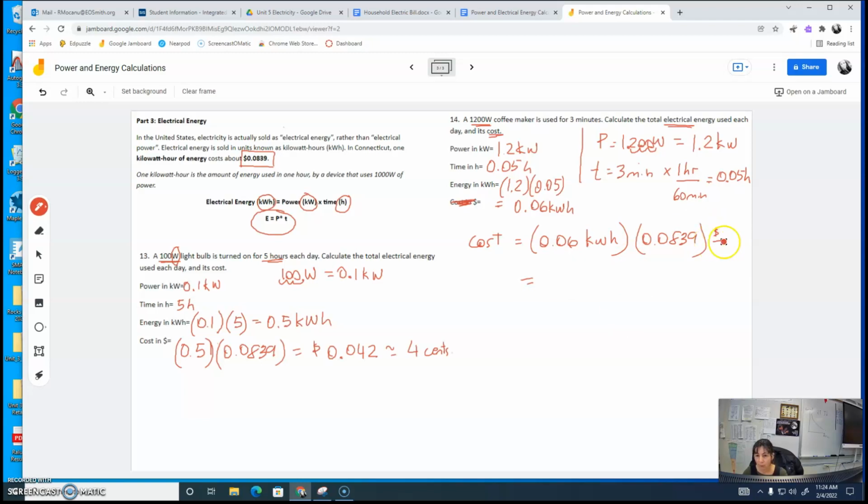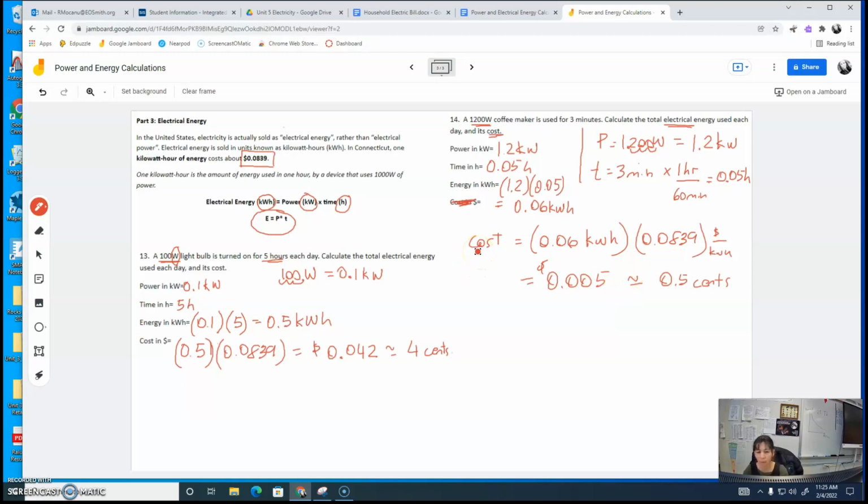So that's dollars per kilowatt hour that they're charging me. And when I do that multiplication, my final answer is going to be $0.005, which is approximately equal to 0.5 cents. So when I use my coffee maker for 3 minutes, I am paying about half a cent for that 3 minutes of use. Okay? So that's how this works.